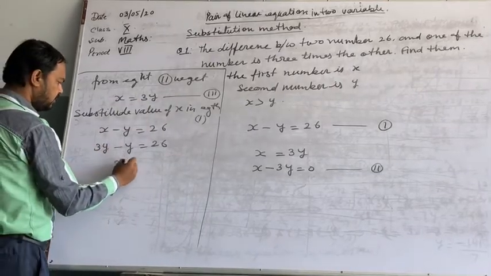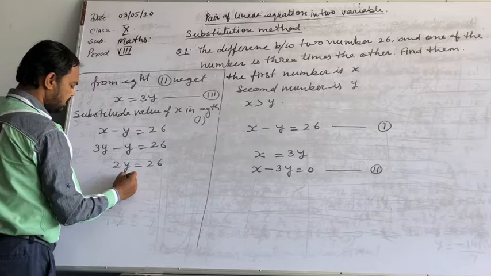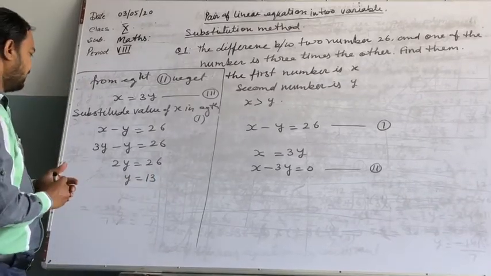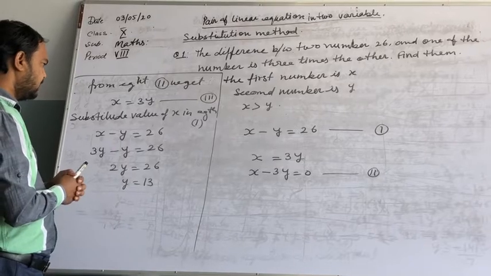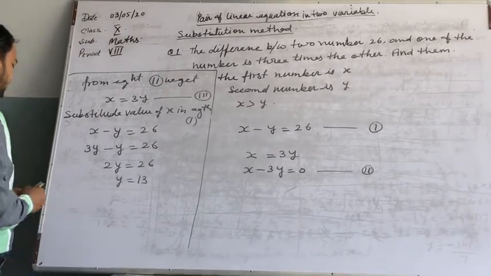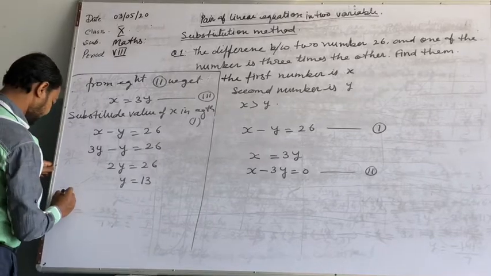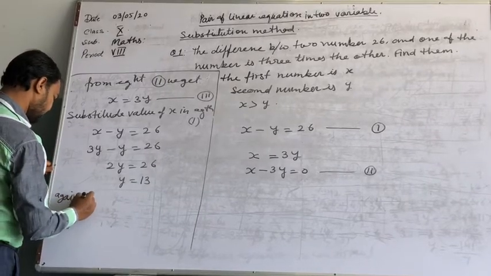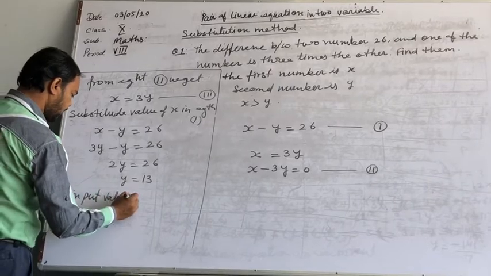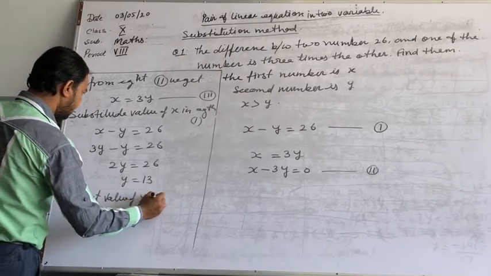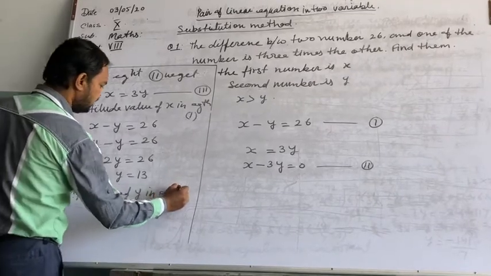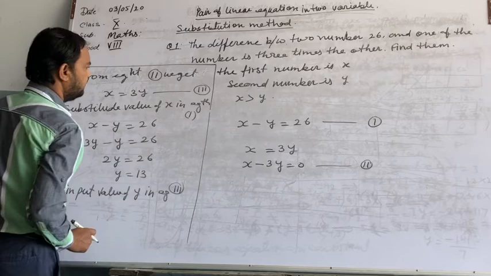This gives 2y equals 26, so y equals 13. Now that we have y equals 13, put the value of y in equation third.